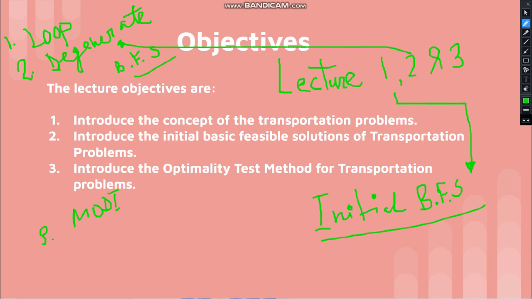In lecture 3 we'll be solving some problems. So this is a basic characterization of the lectures we'll undergo.